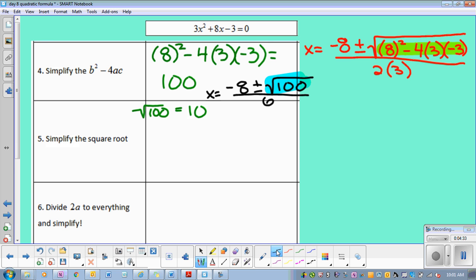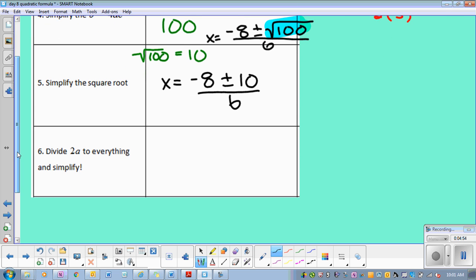So that means x equals -8 plus or minus 10 all over 6. Right? Okay. So now it's starting to look a little bit different. Look at the quadratic formula set up in red and look at where we are now.